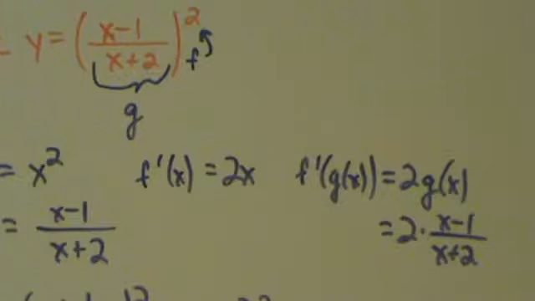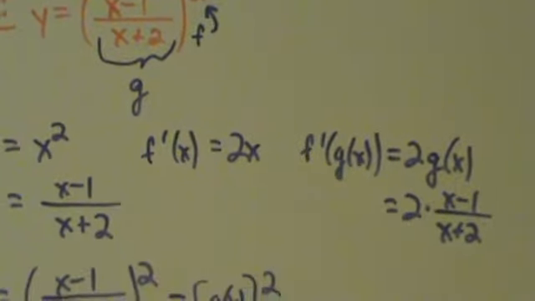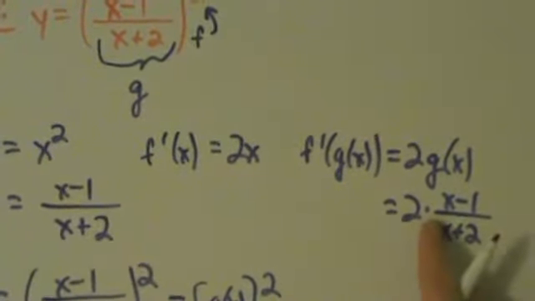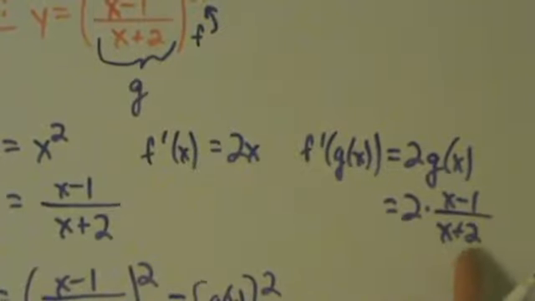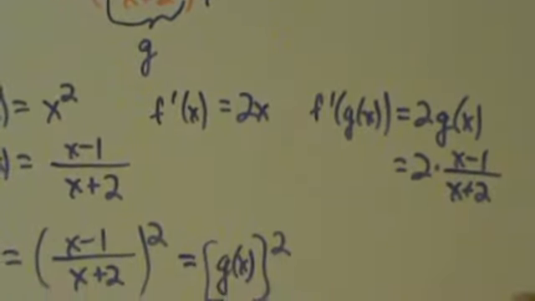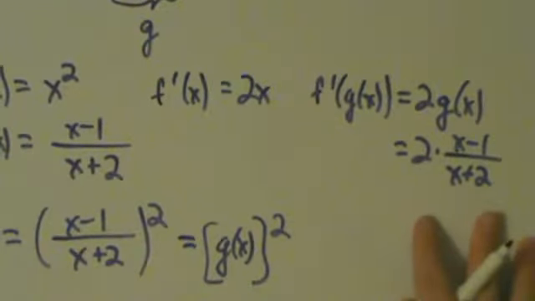And let's go ahead and leave that like that for now. We could put the 2 on the top and distribute it so we have 2x minus 2 over x plus 2, but let's just leave that for now. It'll be easier a little bit later. So anyway, that's our f prime of g of x.